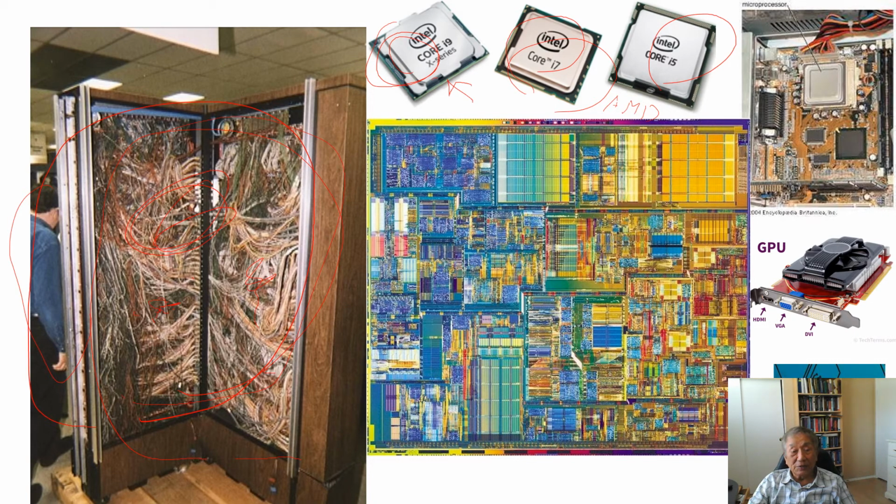This diagram itself is given the name VLSI, a very large scale integrated circuit, or even further, ULSI, ultra large scale integration. You integrate so many things in one chip. Each of those distances is now really like a nanometer, one billionth of a meter, very small.